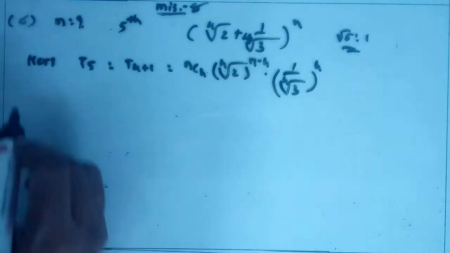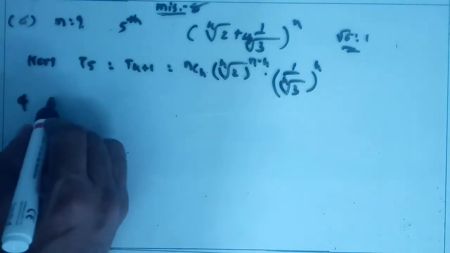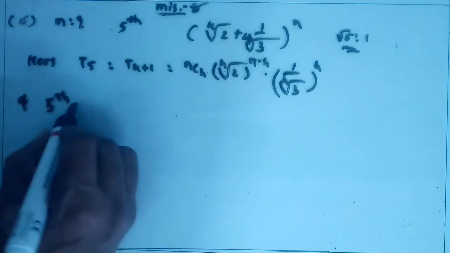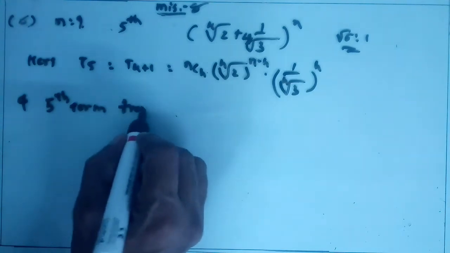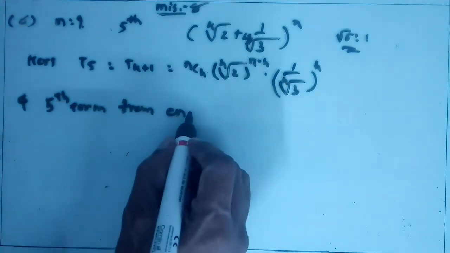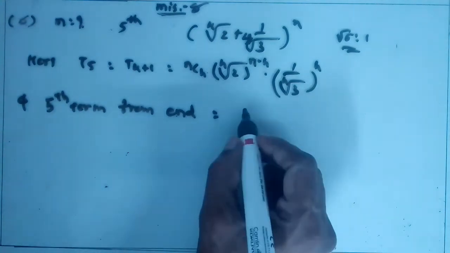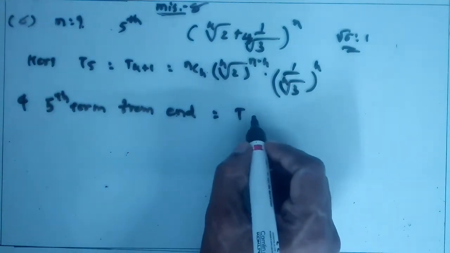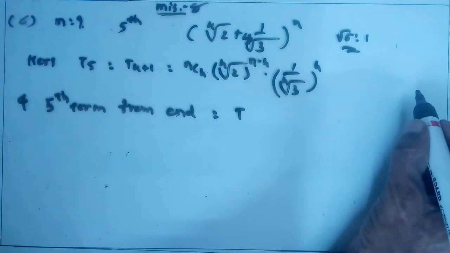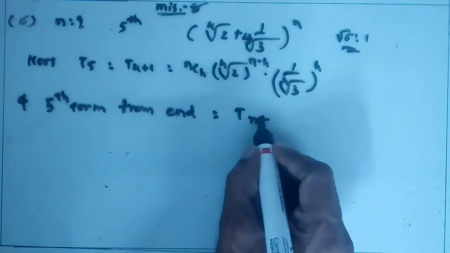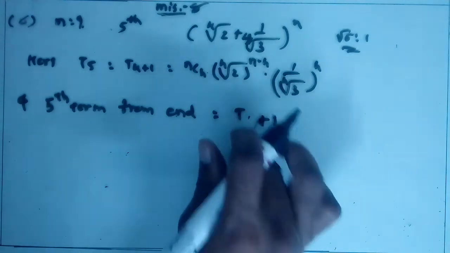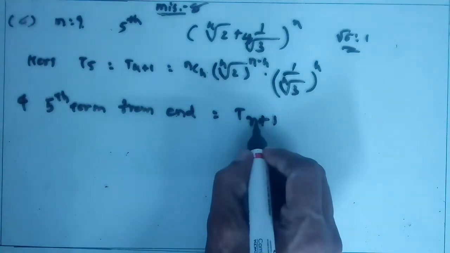Clear? And the fifth term from the end is equal to T. Here the total number of terms is equal to n plus 1. Total number of terms n plus 1.